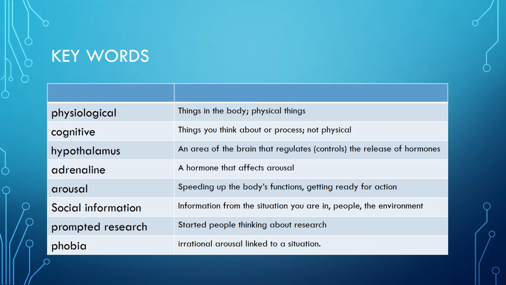Physiological, cognitive, hypothalamus, adrenaline, arousal, social information, prompted research, phobia. I'm going to pause again just to give you a minute to have a look at the definitions of those words. And if there's any of them that you're still not sure about, please go online and look in a dictionary.